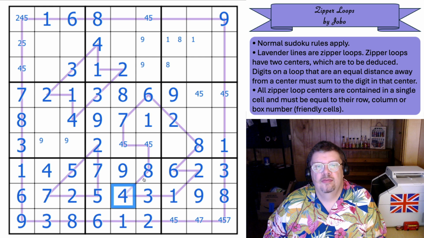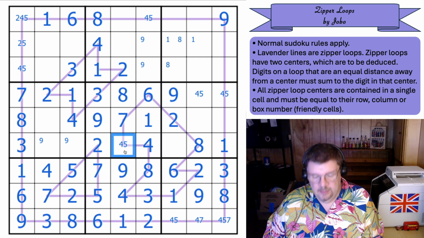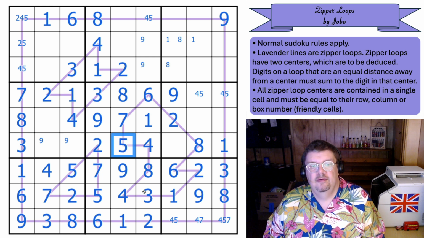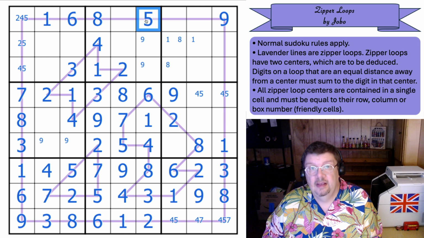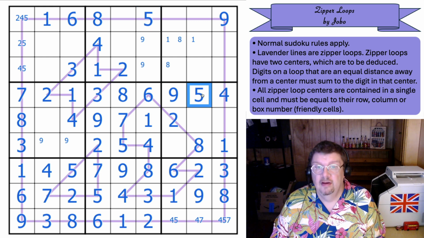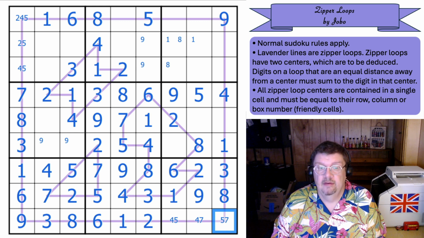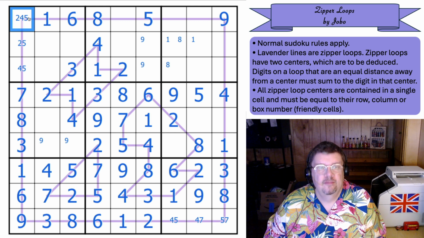That 4 makes this a 4, which makes this 5, and that matches that 3. That's good. So that means that that's a 5. So that's 4, that's 5. That can no longer be a 4. That 5 means that that's not a 5.